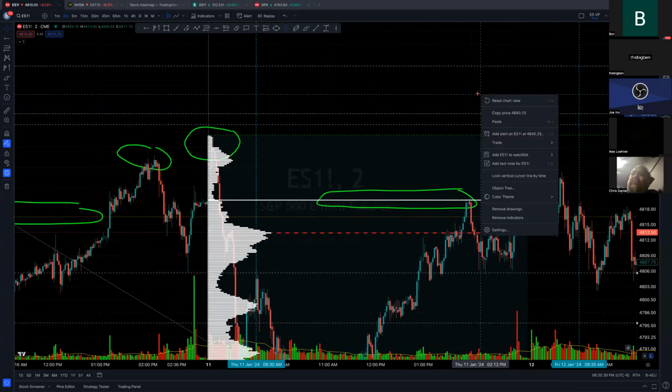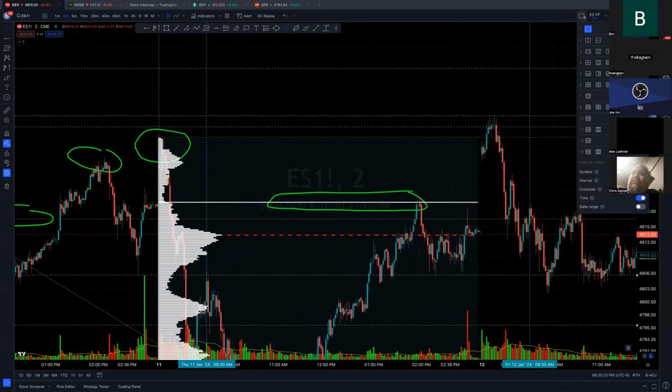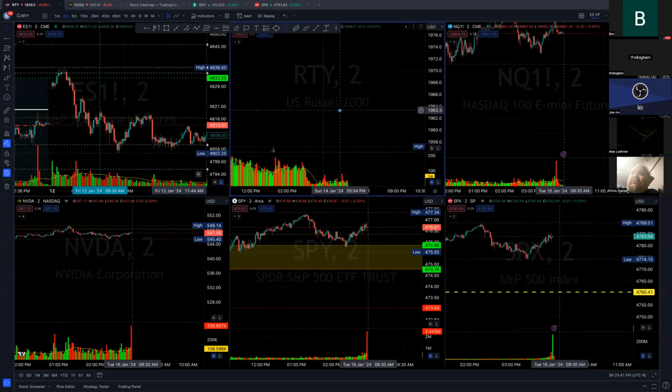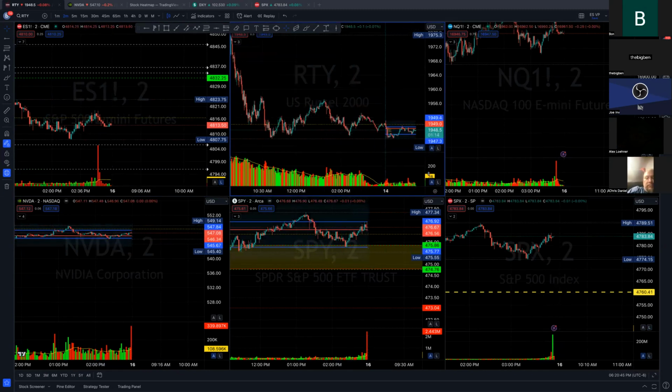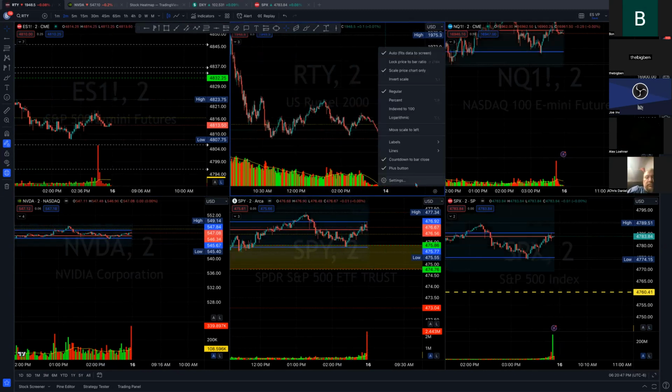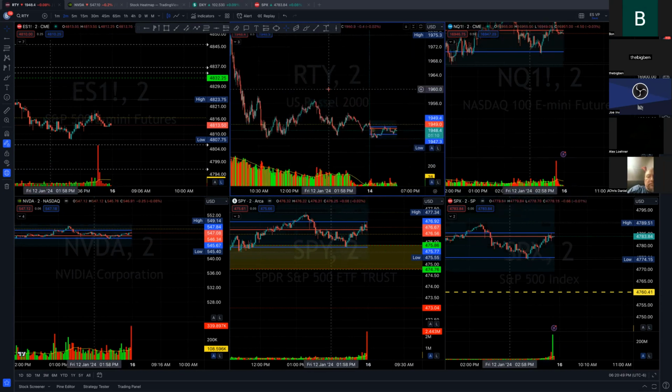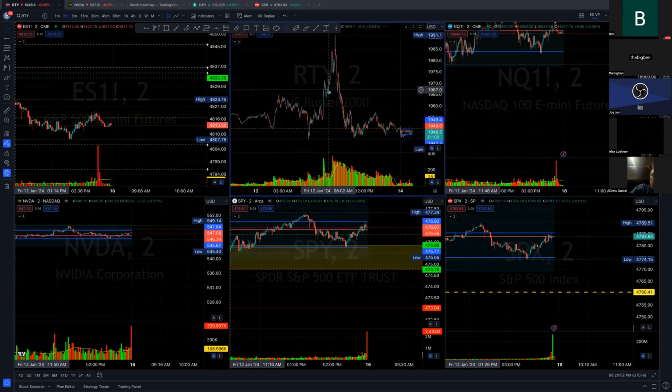And not only that, but if we compare other tickers, let's see. Where is the 6? Here it is. For example, RTY. I'm not sure why I can't turn off the after hours on RTY.